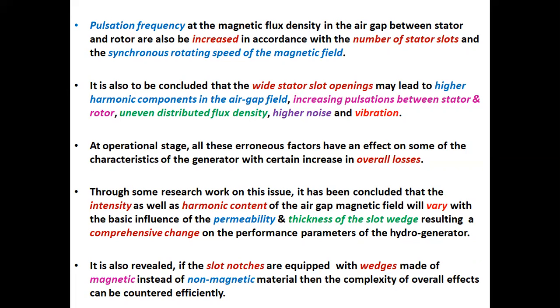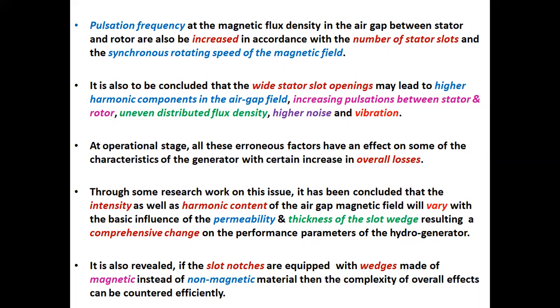At operational stage, all these erroneous factors have an effect on some of the characteristics of the generator with certain increase in overall losses. Through some research work on this issue, it has been concluded that the intensity as well as harmonic content of the air gap magnetic field will vary with the basic influence of the permeability and thickness of the slot wedge, resulting in a comprehensive change on the performance parameters of the hydro generator.